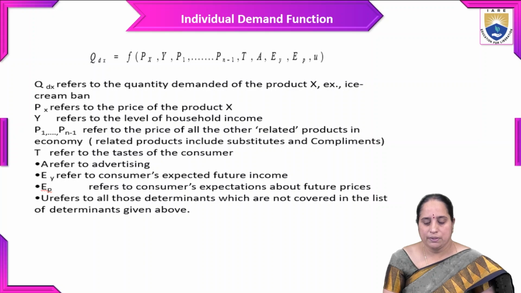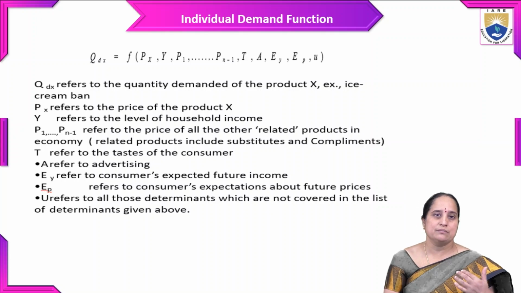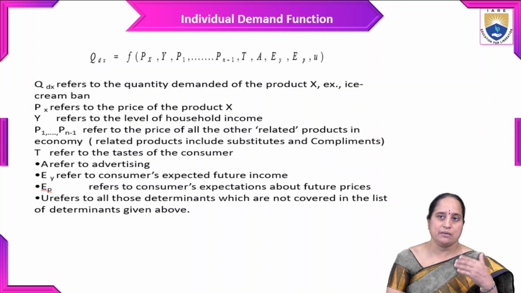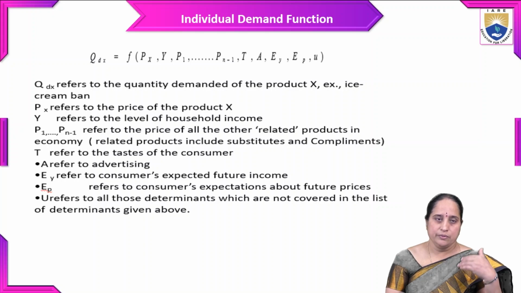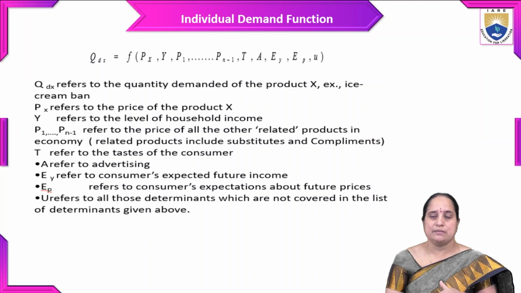Then EP stands for consumers' expectations about future price. Today the price of gold, for example, may be high, but there may be a chance that in the future there will be a decline in the price.